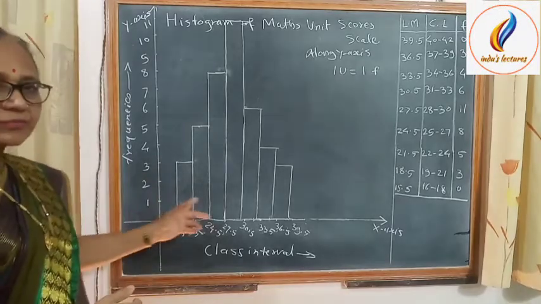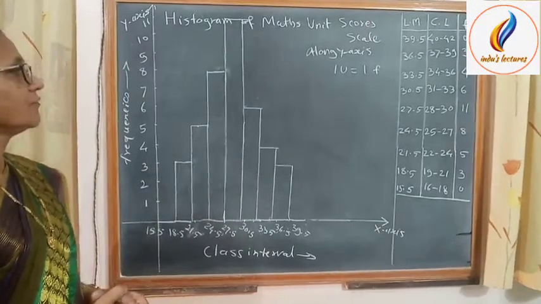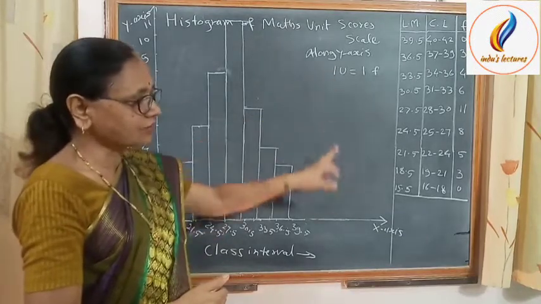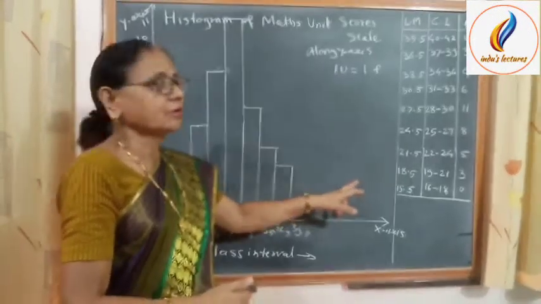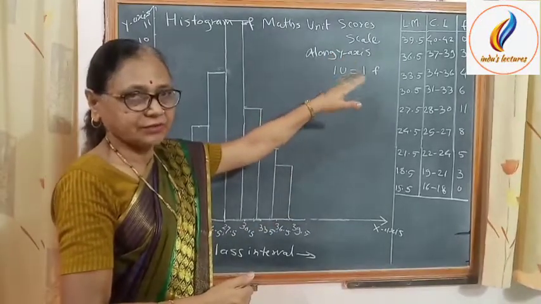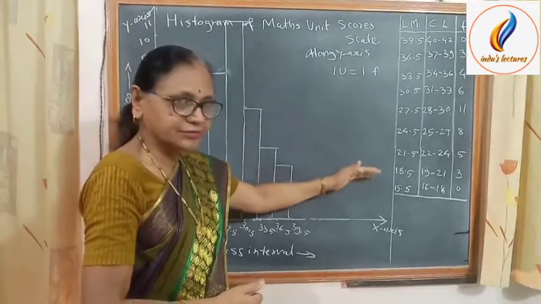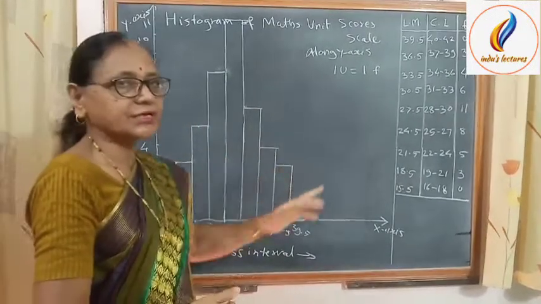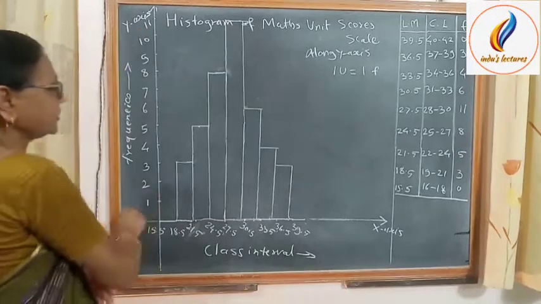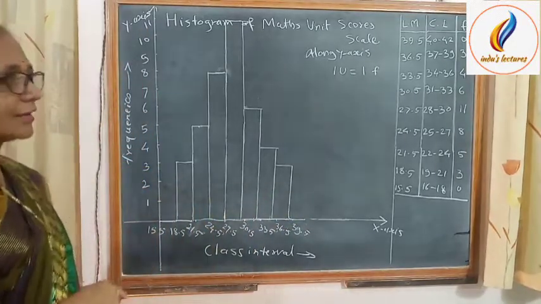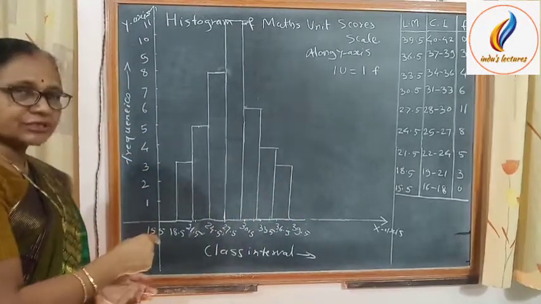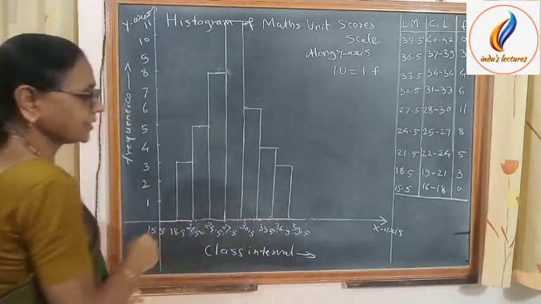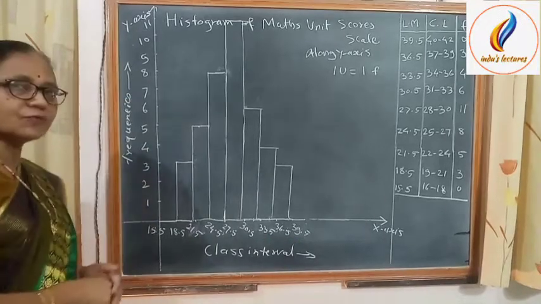When we draw this histogram, we follow these steps. Firstly, we add two class intervals with frequency 0, one above the given distribution and the other below the given distribution. Then we find the lower limit of each class interval. Then we draw the axes and mention the measurement unit. That means we mark the class intervals along the x-axis and frequencies along the y-axis.